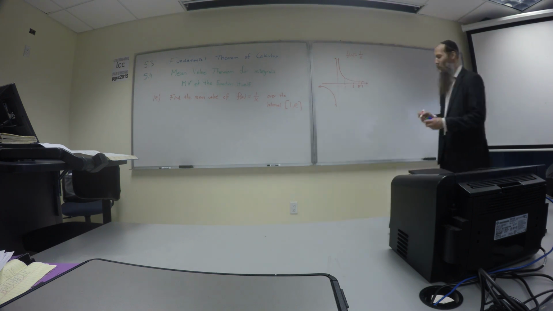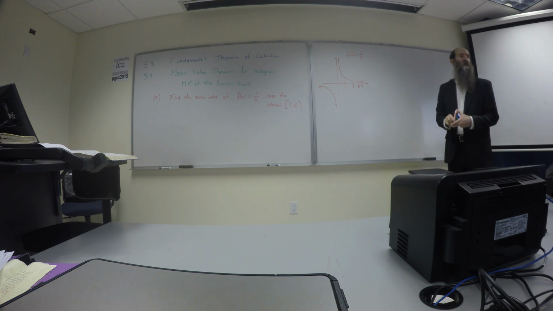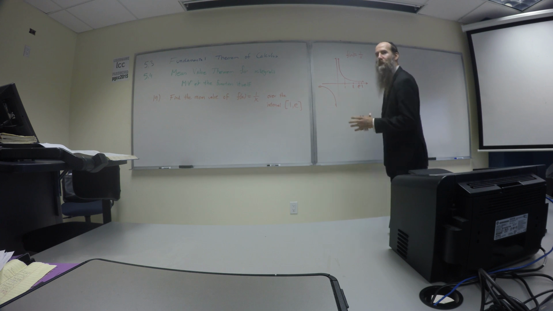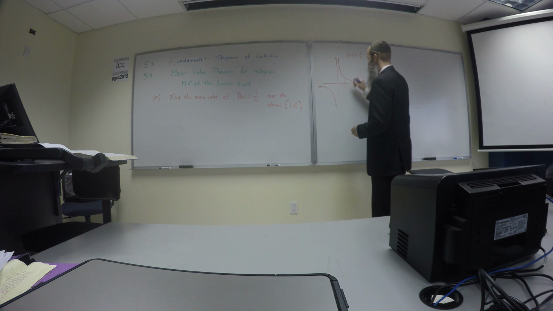Okay. So what is the mean value the function takes on? What's the mean value of the function? Not its slopes, not the mean value of the rate of change, right? The mean value of the function itself over this particular interval.